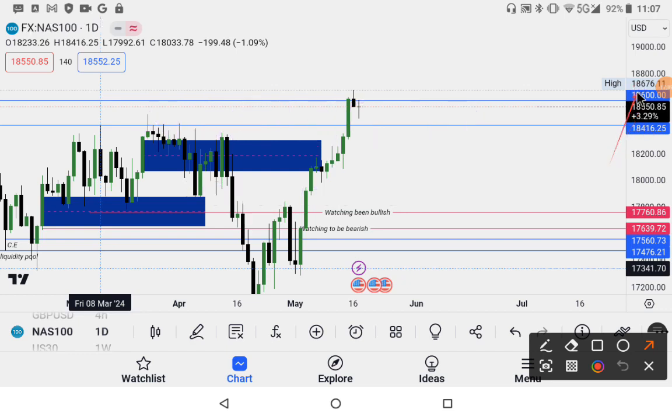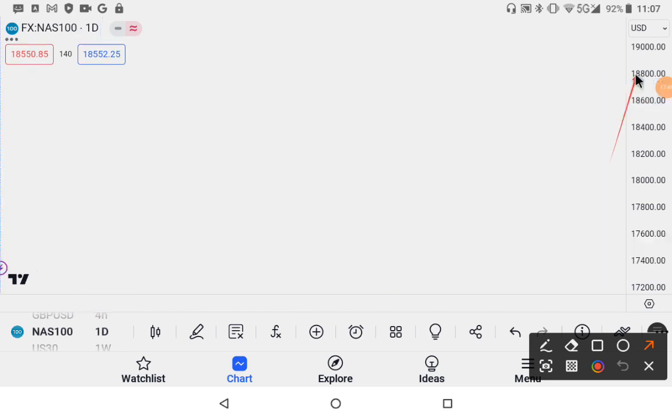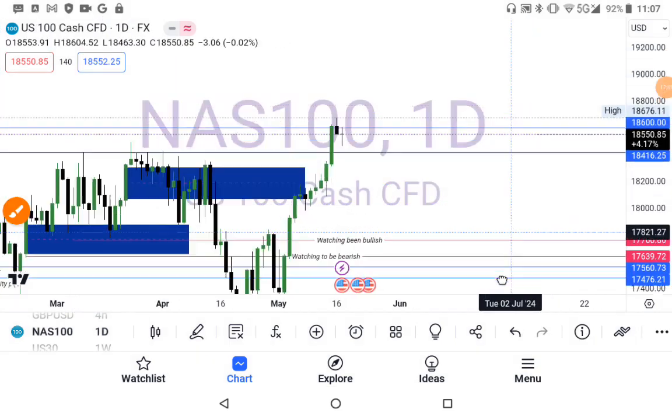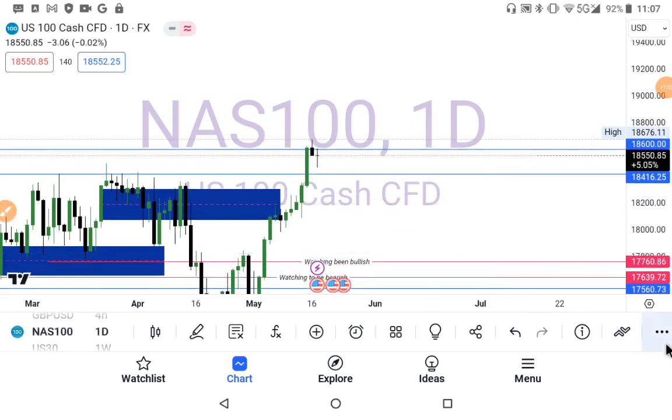So I'll be interested in this low hanging fruit around 18,800. So 18,800, let me put it that way. 18,800 will be my low hanging fruit for the coming week.